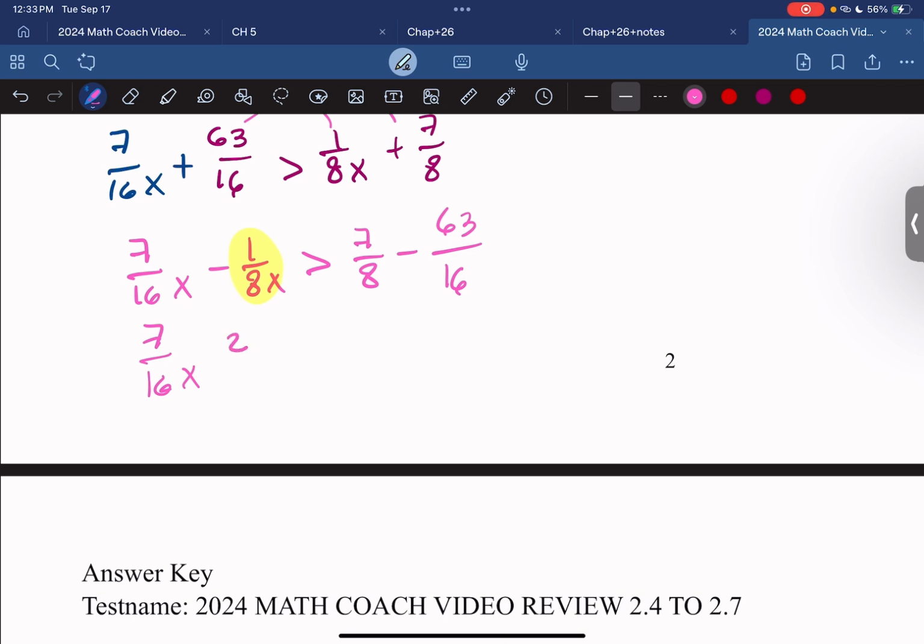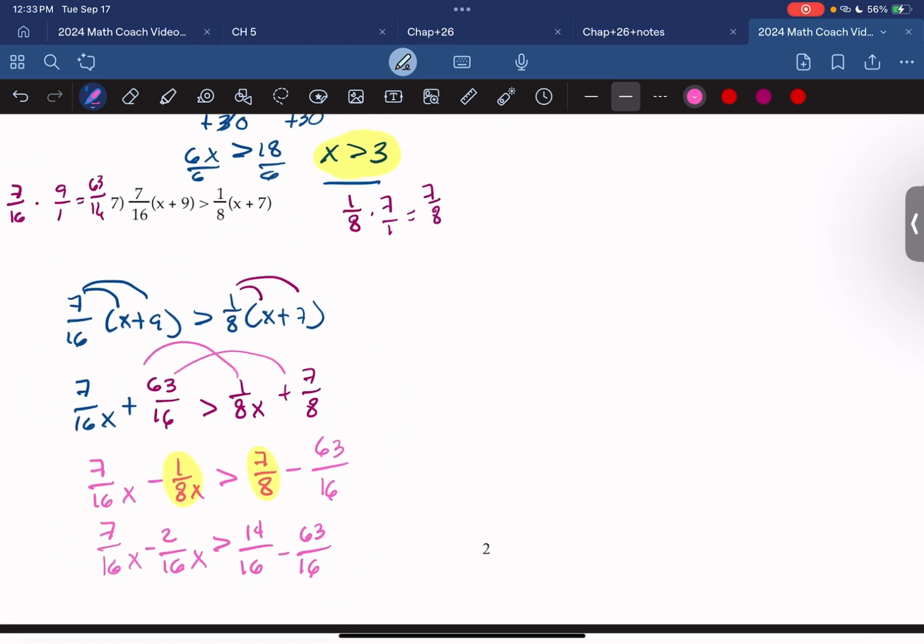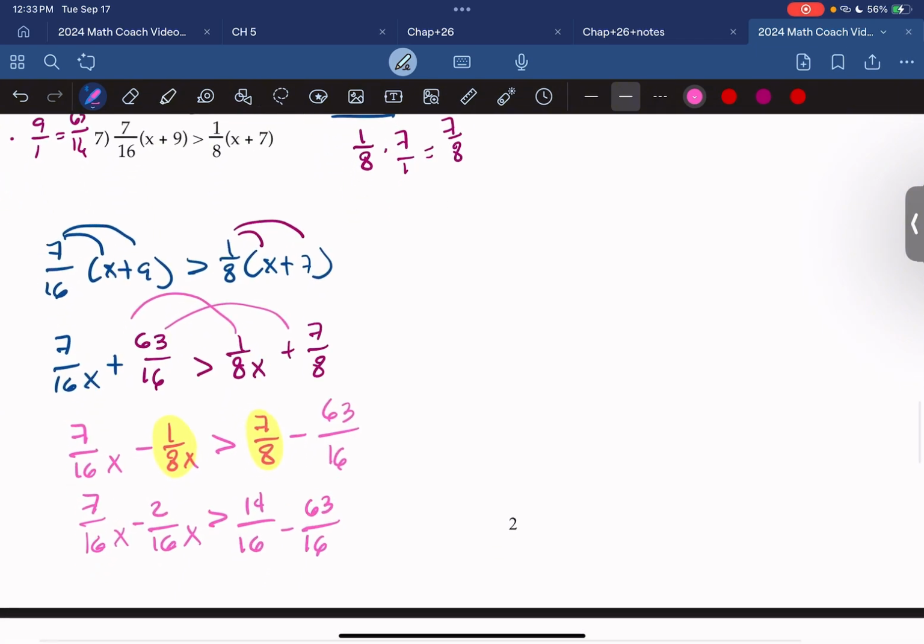So 2 over 16x is greater than. How would we make this have a denominator of 16? Once again, multiply by 2. So 14 over 16 minus 63 over 16. Let's do this a little off to the side here because I'm running out of space.